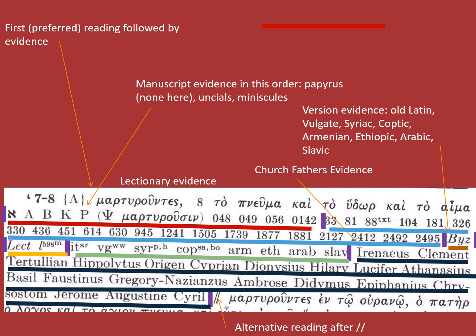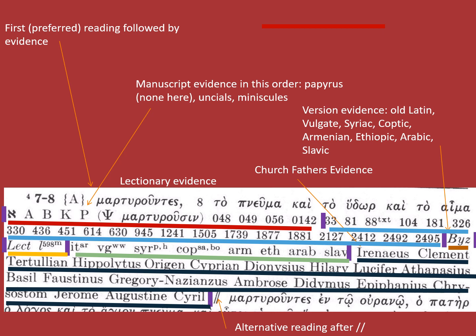So the capital L, lect, just says lectionaries have this reading, and a specific lectionary reading that's given here is lectionary number 598. And then you can look up what the M means there.